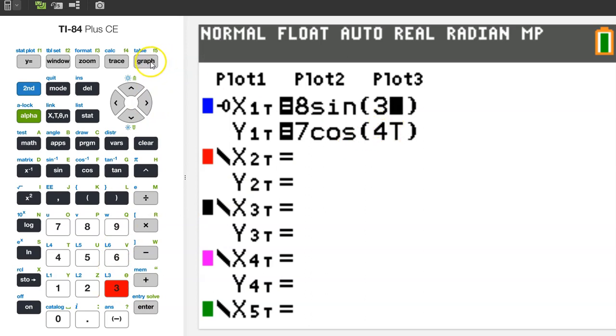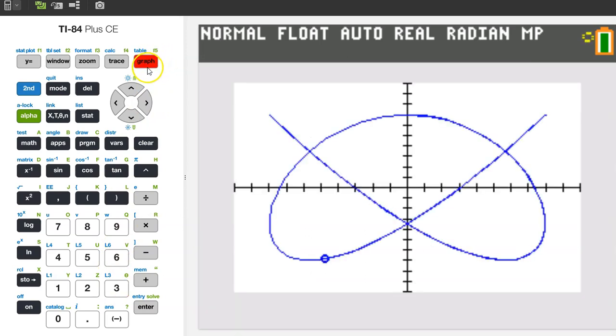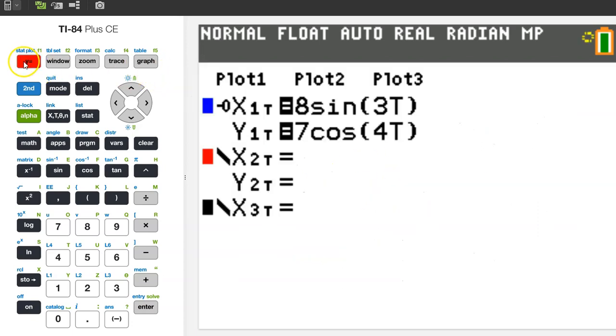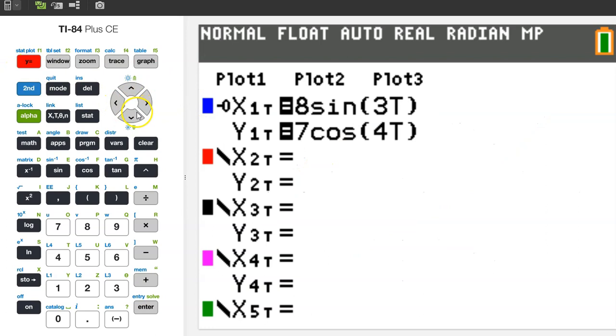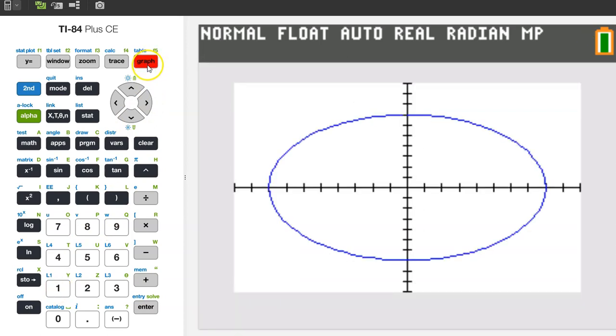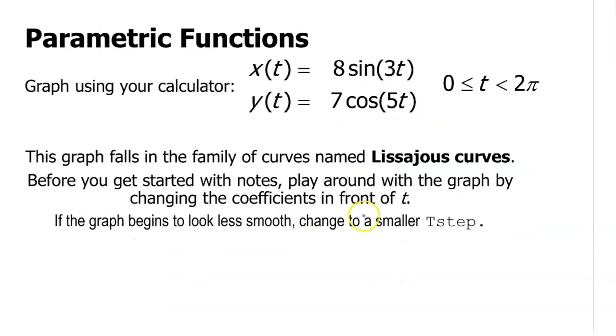Let's see what happens now. Wow, so it seems like very small changes to these coefficients make a dramatic effect on the graph. What if these were both 1s? Okay, wow, this is kind of fun. So these graphs fall into a family of curves named Lissajous curves.